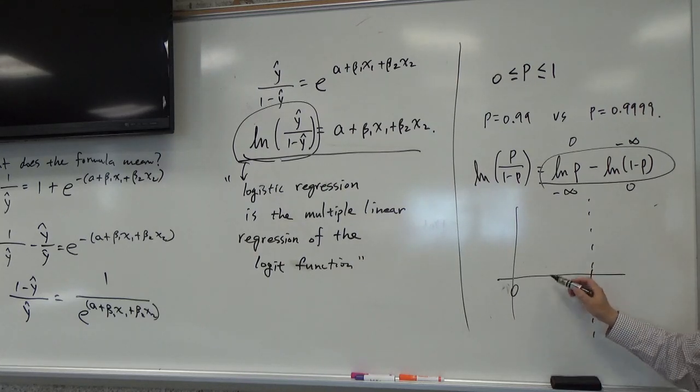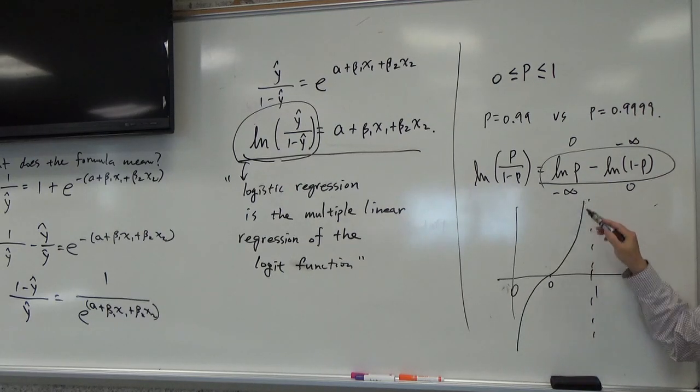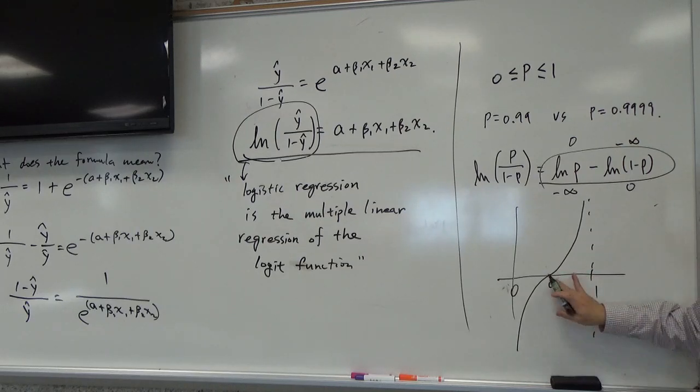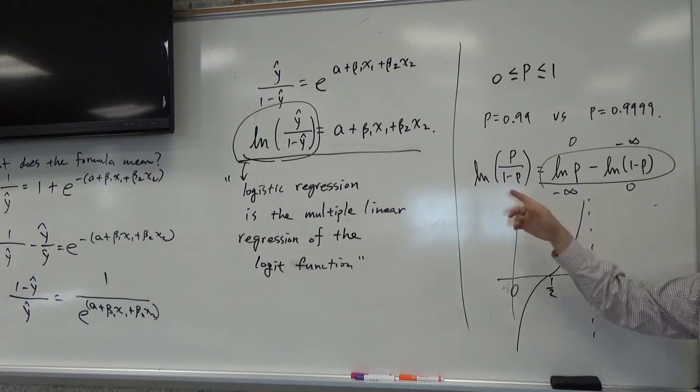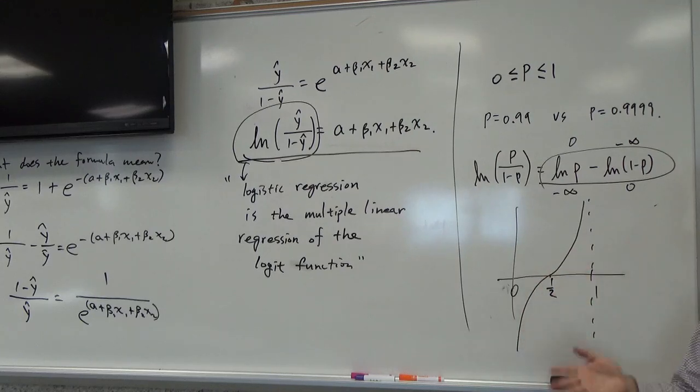The graph will be 0 when p is exactly 1/2, and it'll look like this. That will be the graph of the logit function. Near 1/2, the logit function will be increasing just like a 45-degree angle.